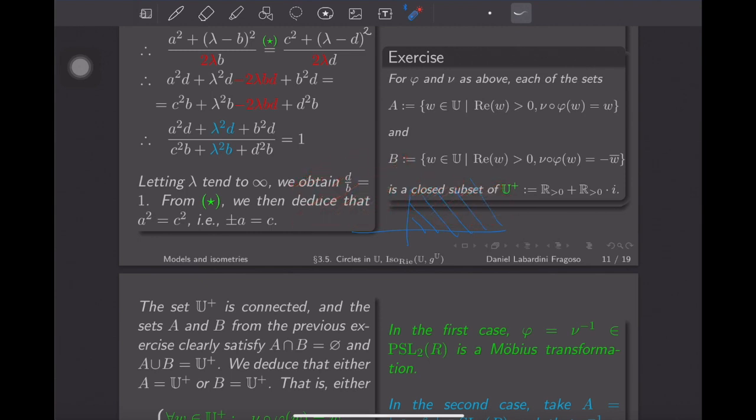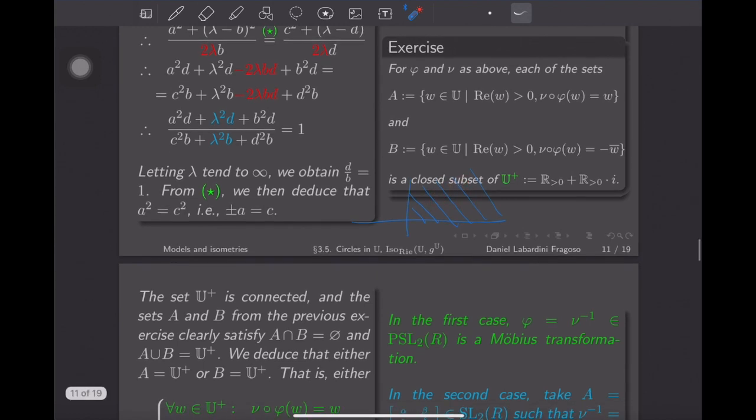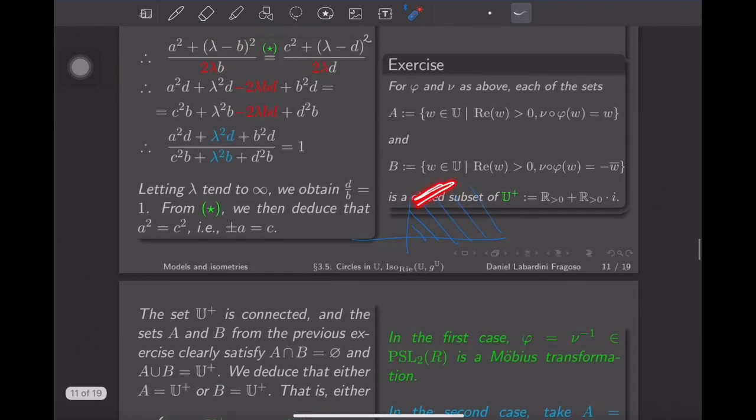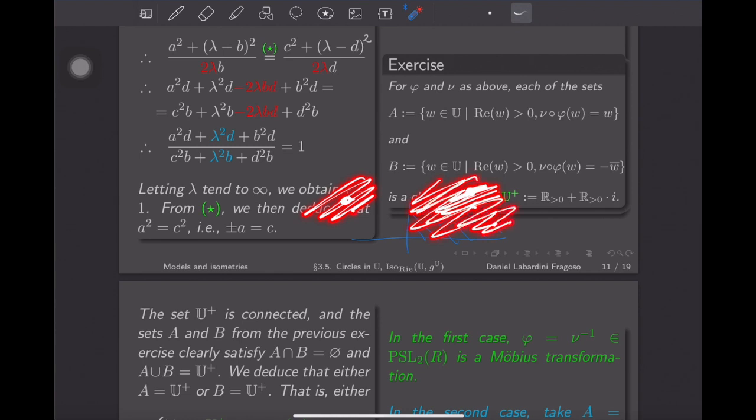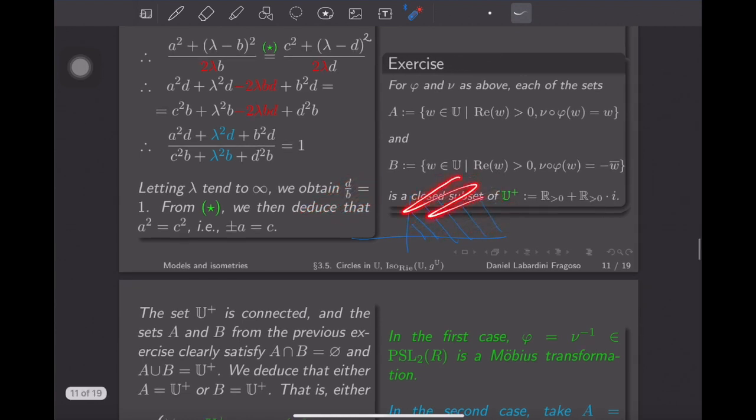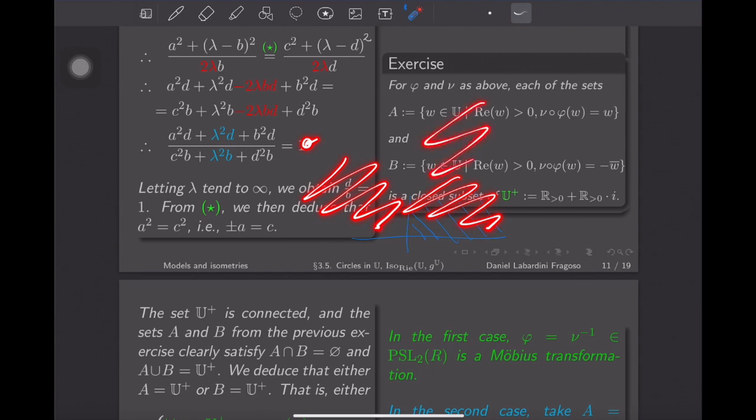But now, if everything here is fixed and I take a point here, I know that this point is either fixed or it goes here. But my function was bijective, and this was already fixed. So it must also be the case that this is fixed. In the other case, if everything here goes here, then whenever I take something here, it has to go here, because otherwise it would be fixed and my function wouldn't be bijective.